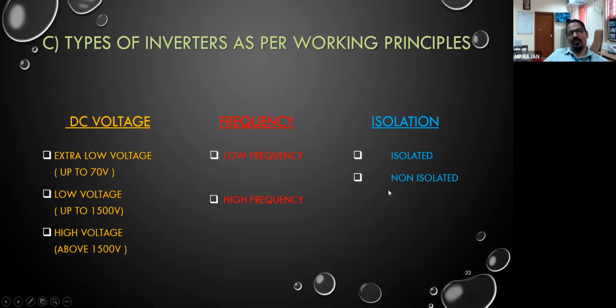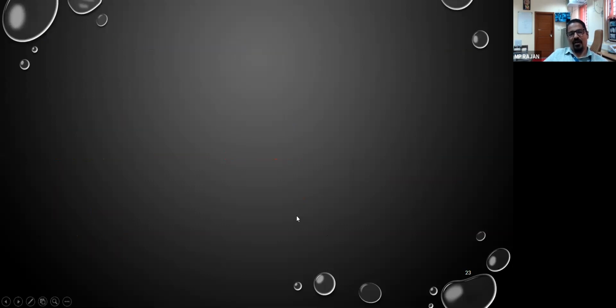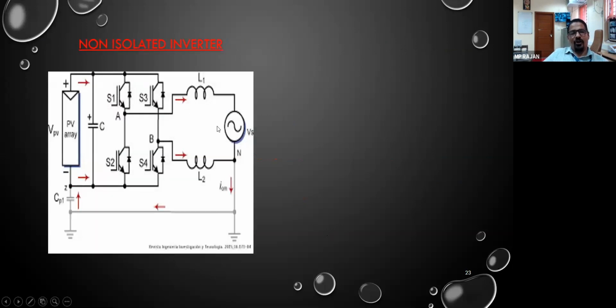Whereas in the non-isolated system, there is no transformer. So let us see the picture of a non-isolated inverter. Here you can see there is no transformer. The PV array supply is given. There are S1, S2 and S3, S4 semiconductor devices. When S3 and S2 are conducting by using a control device, the supply goes through this one to the load. This is the filter circuit.